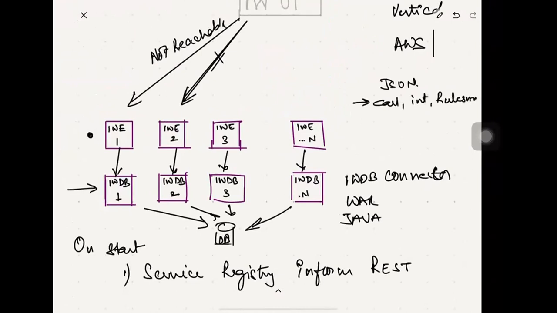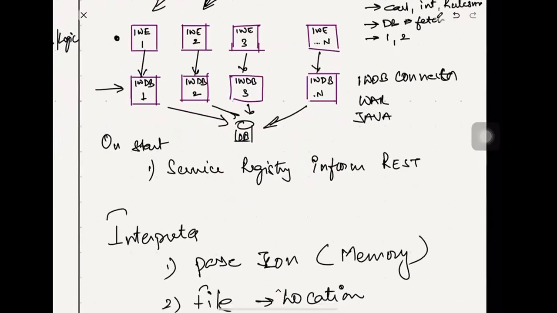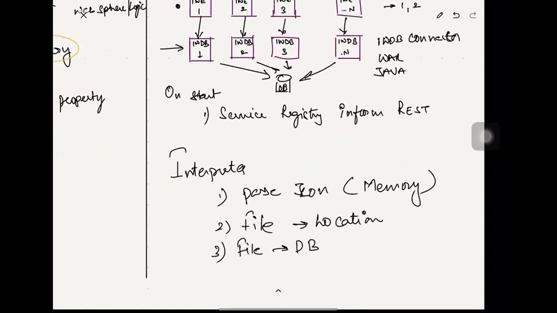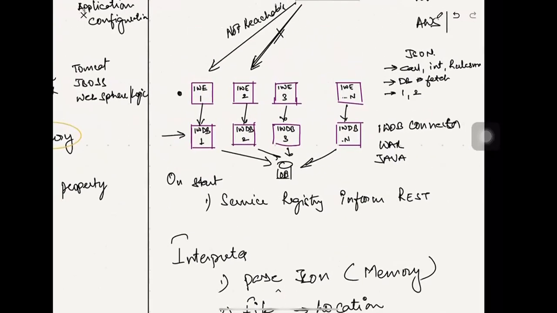If it is empty, the interpreter goes to the database, fetches all the configurations, and does the same thing again, steps 1 and 2. It will not push these configurations into the database again, because it just fetched them from the database.